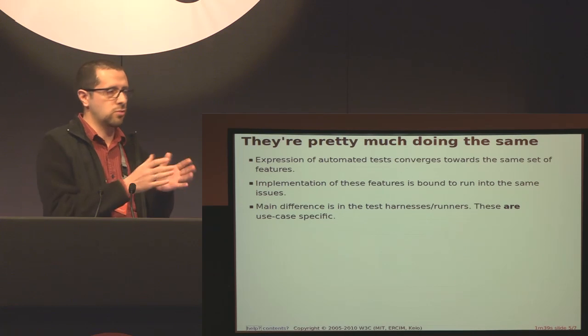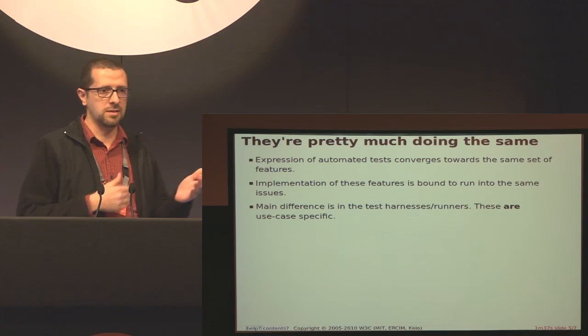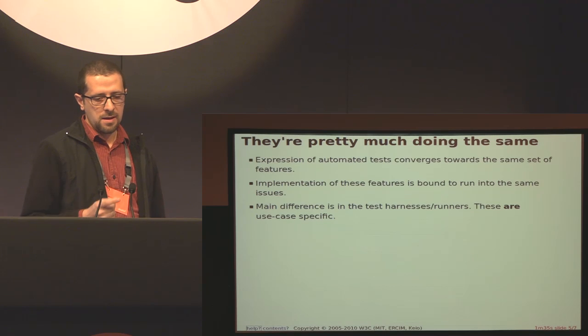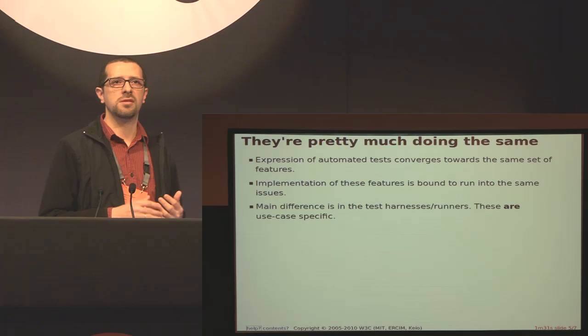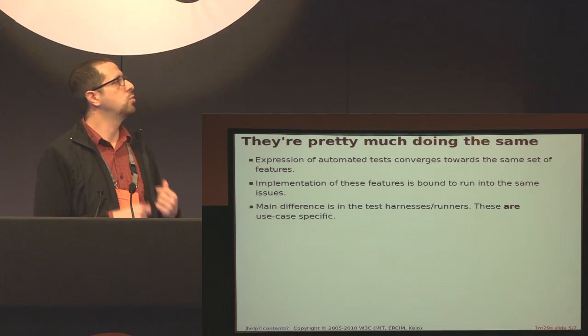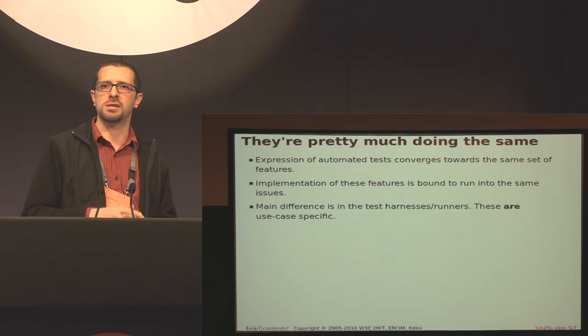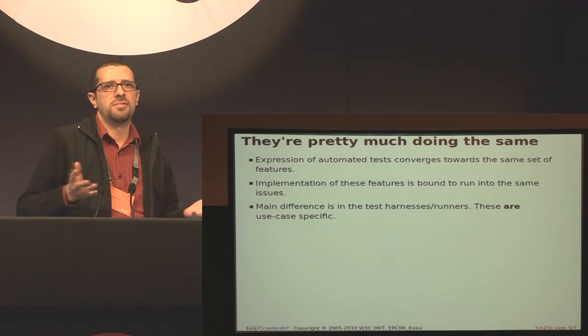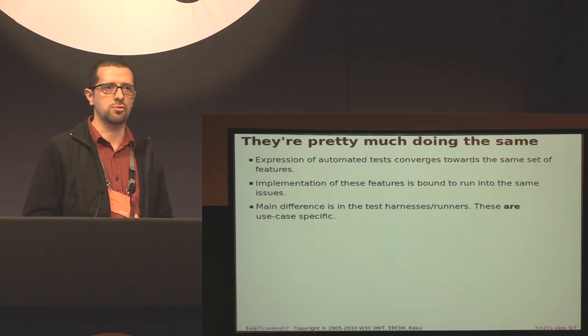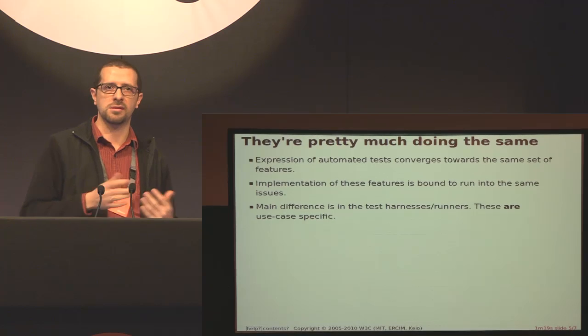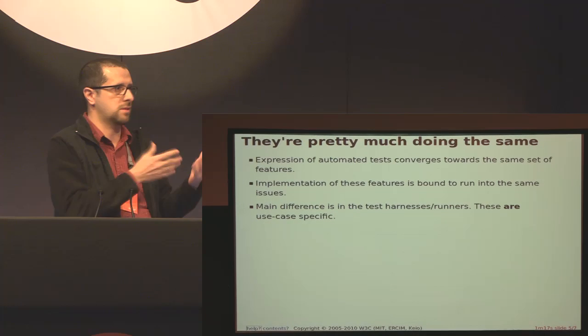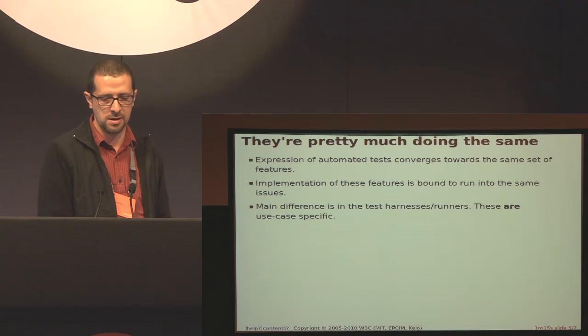We're converging towards expressing automated tests in the same way. Implementation of many of these features is bound to run into the same issues. I mean, the run as feature of Utah probably will present the same issues as Checkbox's user feature. So there's a lot of common knowledge to share as far as implementing these features in the test harness, but the fact is the tests express the need for running as a particular user.